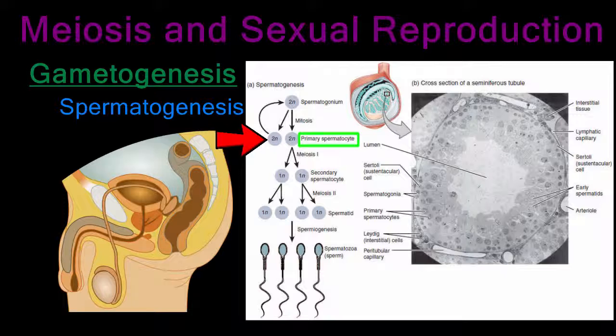The primary spermatocytes undergo the first meiotic division to produce two haploid secondary spermatocytes. The secondary spermatocytes continue through the second division of meiosis to produce spermatids that will develop into mature sperm. Once a male individual reaches sexual maturity, he can produce an unlimited number of sperm by this process.